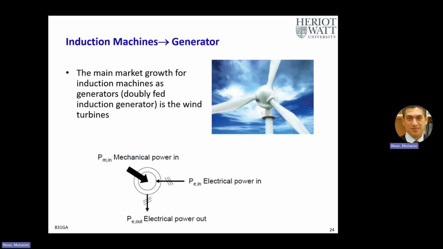For a synchronous generator, the rotor must be synchronized with the frequency, which means that you have to make sure that the speed of rotation is fixed. Here it can vary, so we can control. This is something a little bit advanced for research purposes. We're not going to touch the doubly fed induction generator in this course.